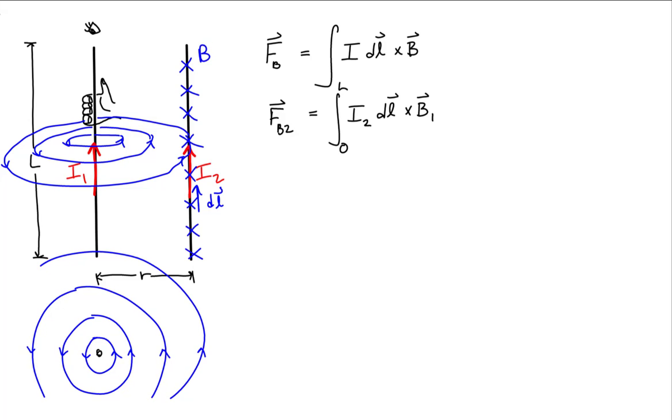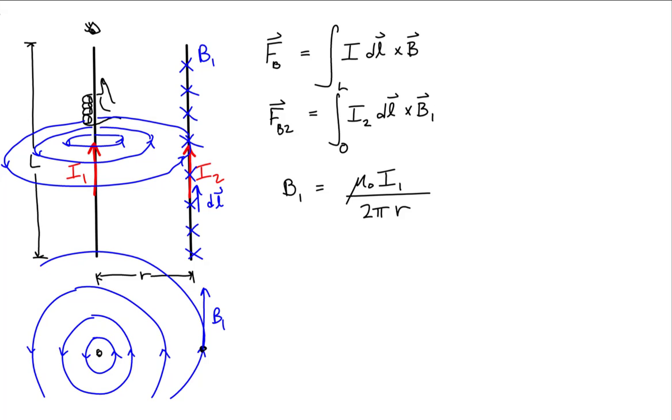So we now know the direction of the magnetic field of wire 1, and we also know that that magnetic field is uniform, because as we've shown previously using Ampere's law, the magnetic field due to a current-carrying wire has a magnitude equal to the product of the permeability of free space, mu naught, and the wire's current, divided by the circumference of the Amperian loop, or in this case, the circumference of the magnetic field line circulating around the wire at the distance of the point we're interested in.